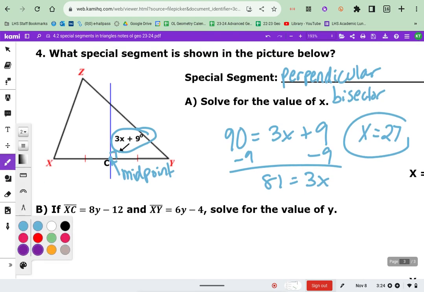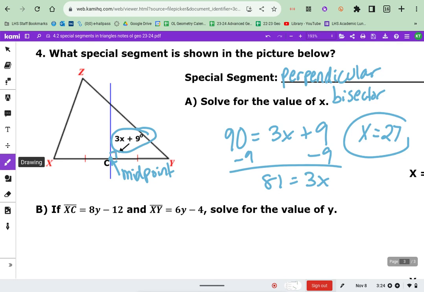Okay, next one. This one I want to have us label on the picture because it's not labeled already. XC is 8y minus 12, so XC is this part. And XY, that's the whole thing, is 6y minus 4. We want to solve for the value of y.